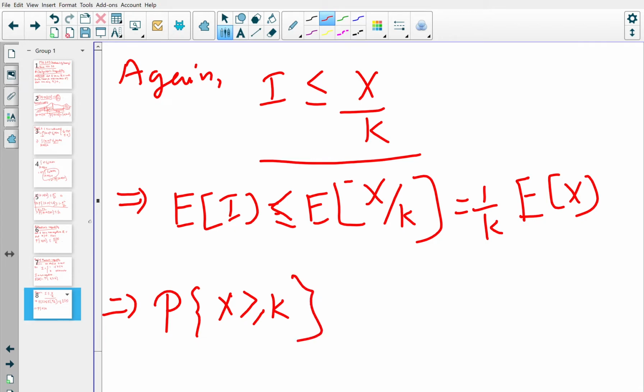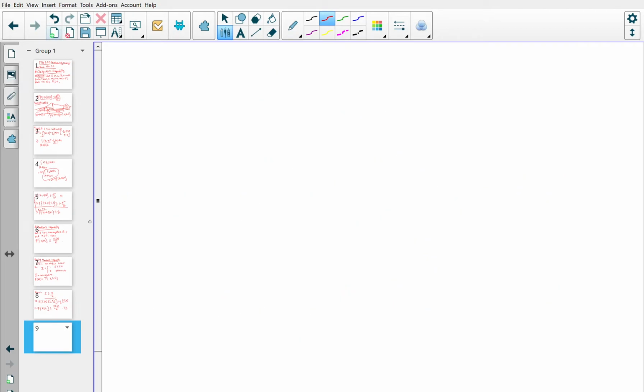So this quantity is less than or equal to expectation of x by k, and this is the proof of Markov inequality, okay. Clear? So the proof is straightforward, and now one can use Markov inequality to give a proof of Chebyshev inequality. So let me give the proof.